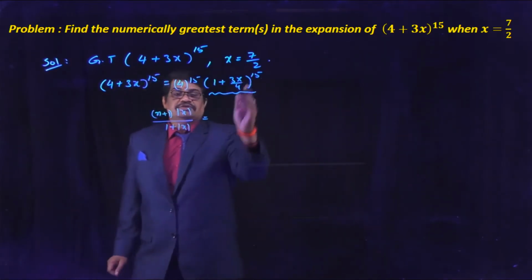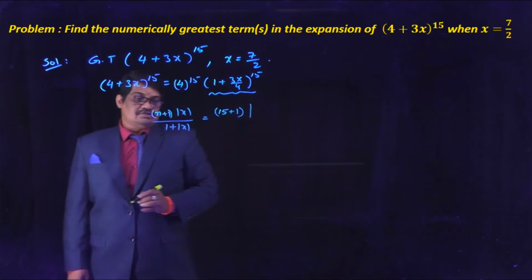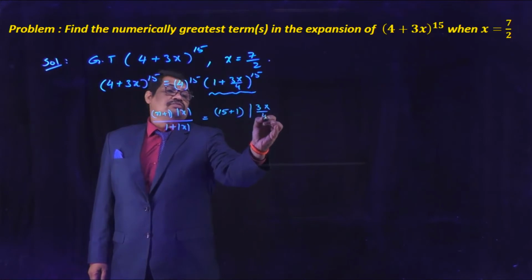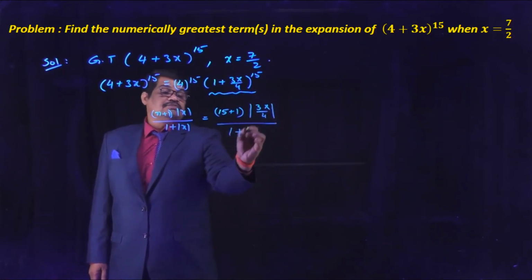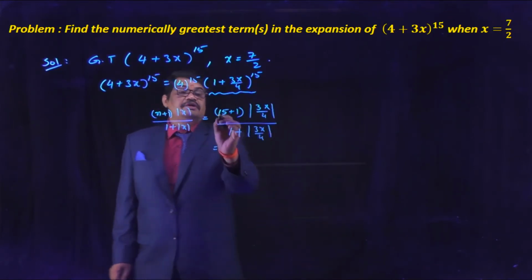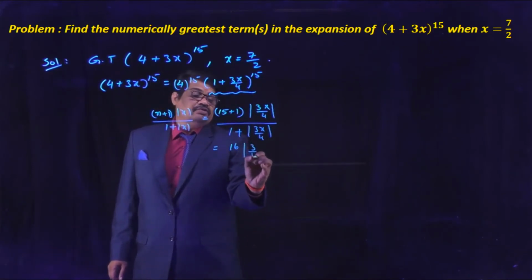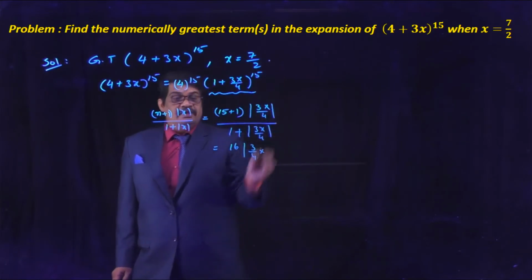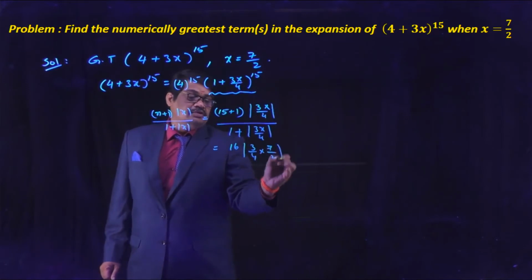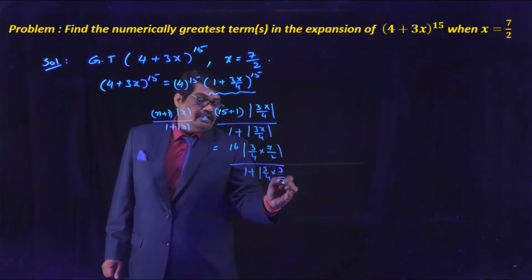Here n is 15, so that is (15 + 1) into modulus of x, and in place of x we have 3x by 4, over 1 plus modulus of 3x by 4. That is 16 into 3 by 4 into 7 by 2, where the x value is given as 7 by 2, divided by 1 plus 3 by 4 into 7 by 2.